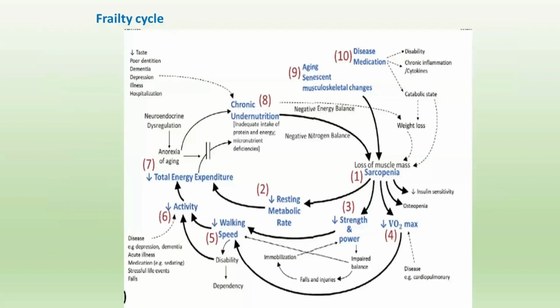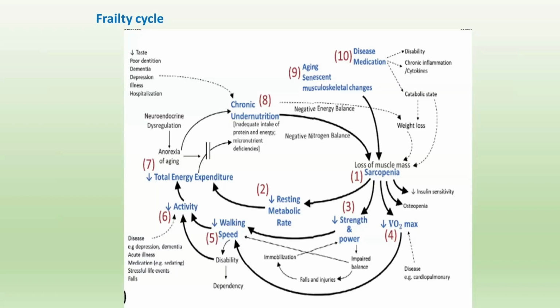So this diagram shows you the frailty cycle. I told you the ultimate result is the loss of muscle mass, sarcopenia. With aging, the strength and power of muscles are reduced. So this causes impaired balance. They may tend to get falls and injuries that will cause immobilization.